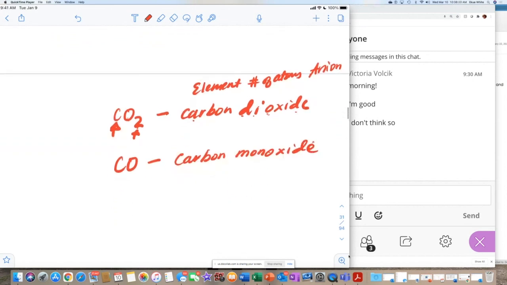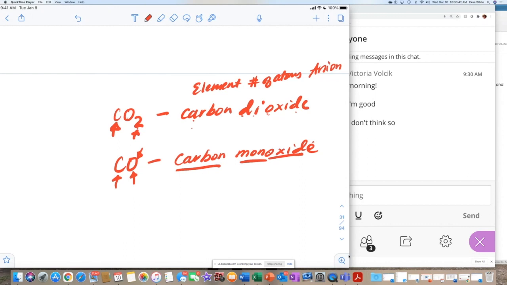Oh, now I can't spell. Once again, carbon referring to the first element, and then mon referring to the number of atoms of the second element. And then oxide, once again, the second element is being named as an anion. So in essence, as we are naming carbon dioxide and carbon monoxide, we are, without really realizing, following the systematic format of naming molecular compounds.